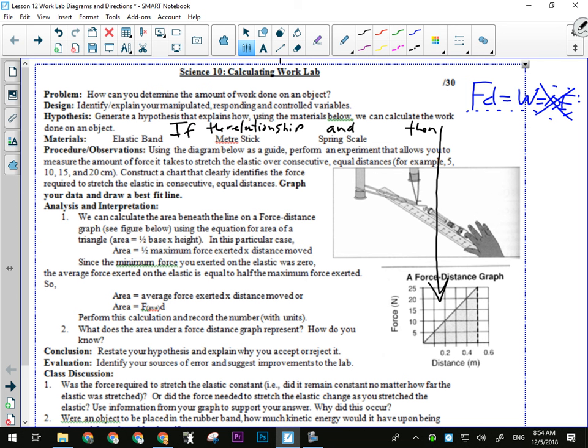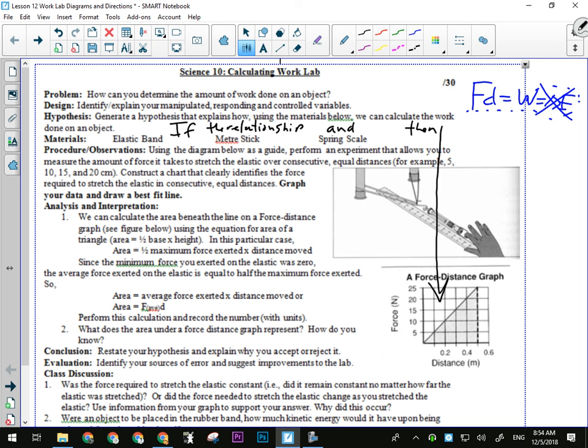The instructions for how to calculate the work using said graph may even be in the analysis questions. So it might be a really easy then part if you read through the directions in the analysis. It may tell you exactly how to do it. You'll have to explain a little bit, but that's it.